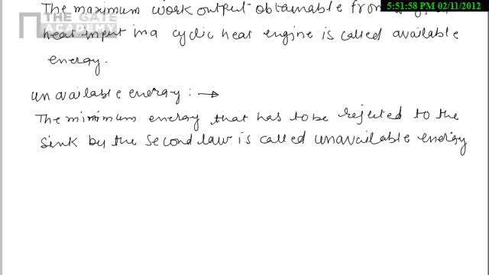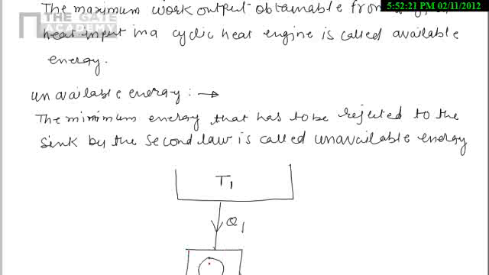So first of all, I will draw the heat engine, and then we will describe the mathematical formula for available and unavailable energy. Here I am talking about a heat engine. This one is source T1, and this source supplies Q1 to the heat engine operating in a cycle.